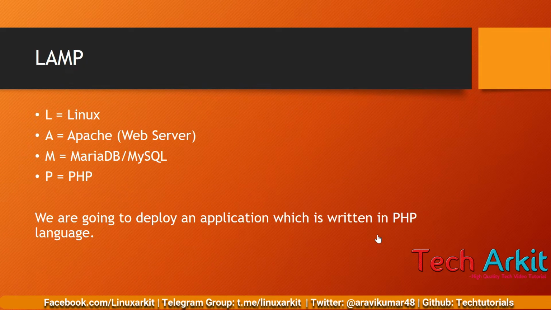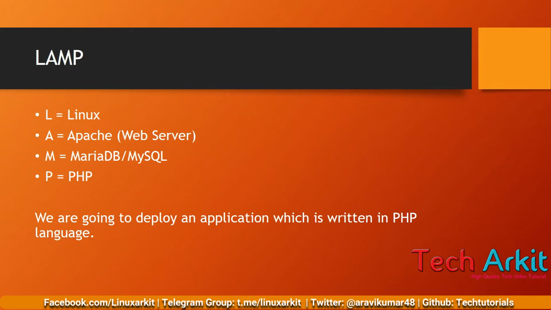Okay, let's see this. So what is LAMP? LAMP is L in the sense of a Linux operating system, A in the sense of Apache web server. So you can install the Apache web server there, and MariaDB or MySQL, anything you can use.